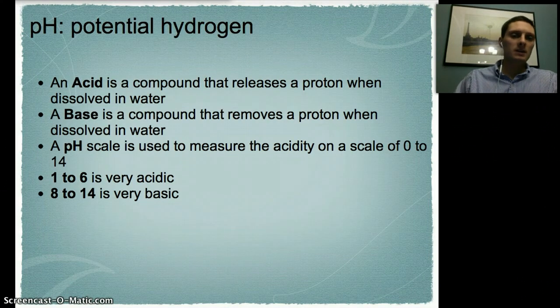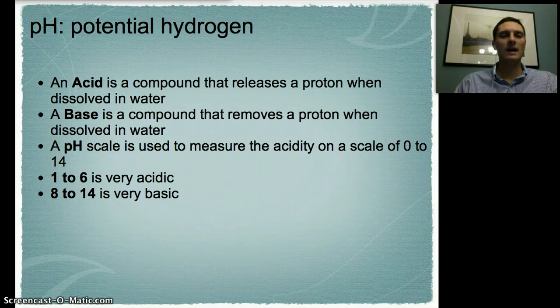Something else that we want to look at with water is that the conditions of water can differ very much. And one way that we can measure that is something called pH, which stands for the potential hydrogen. And with this, we're looking at acids and bases. An acid is really a compound that's going to release a proton when dissolved in water.